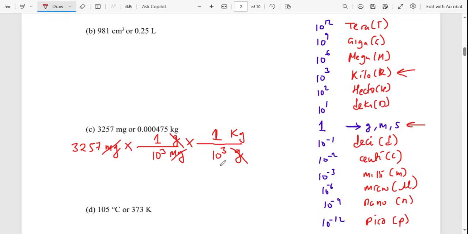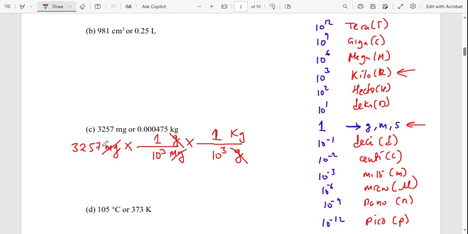So what you are going to have here is 10 to the power 3 times 10 to the power 3 in the denominator. That is going to give you 10 to the power 6, which is a million, divided into 3257. So what is that going to give?